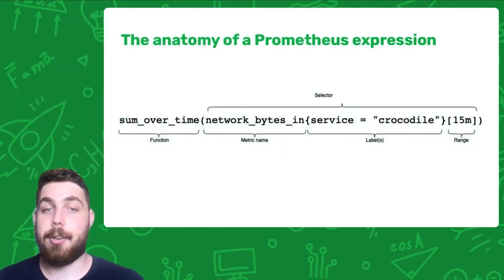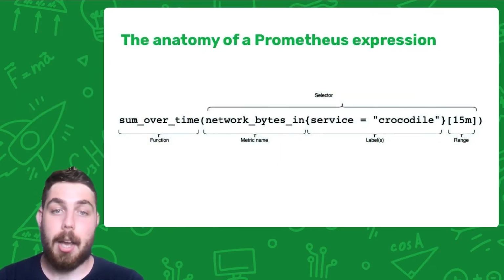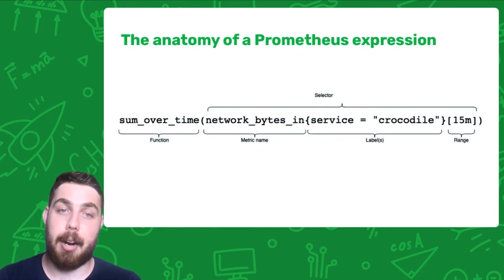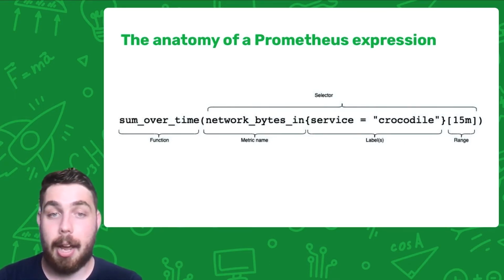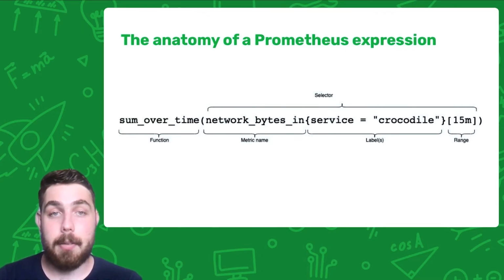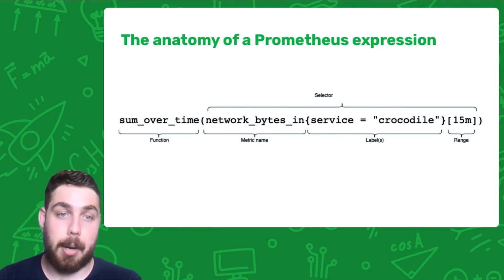Before we jump into how alerts are generated, I want to take a quick foray into the anatomy of a Prometheus expression to provide some context. This is a basic Prometheus expression that I've got up on the slide here. And you can have a lot more complex ones than this, but really they're built up of smaller, simpler ones like this. And what we really care about is that selector that I've got marked here.